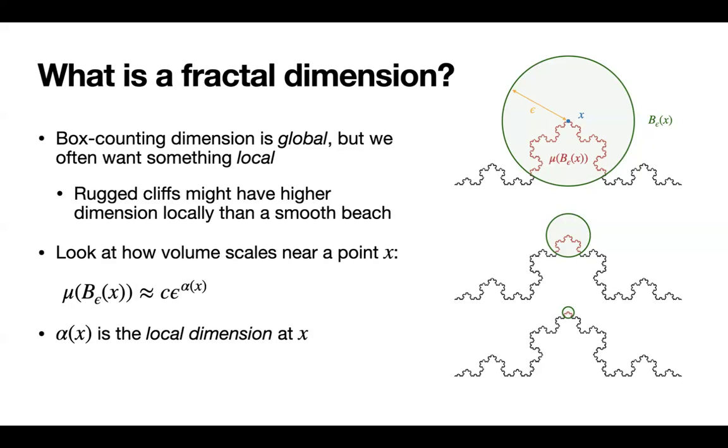This will give you that same sort of power law behavior in epsilon. And alpha of x is the local dimension at x. So it can change, which is useful for us because we want our dimension to be able to change depending on your parameter. That's pretty important.